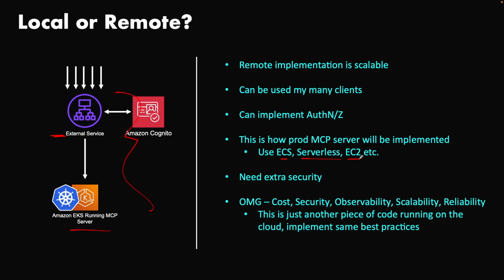Same thing for cost optimization, observability, scalability, reliability. You can reuse all your existing ecosystem, right? If today you are using Splunk for logging, you can keep on using Splunk for logging this MCP server activity. If you're using CloudWatch Container Insights, you can keep on using it. If you want to make it highly available, deploy it into multiple availability zones, etc.